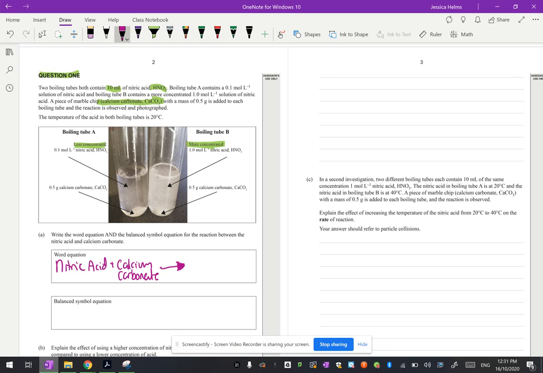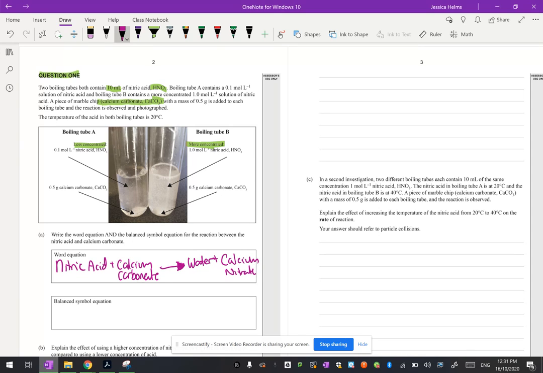Neutralization reactions always turn to a water plus a salt. So the salt is going to be calcium nitrate.